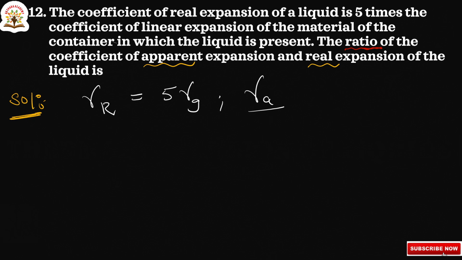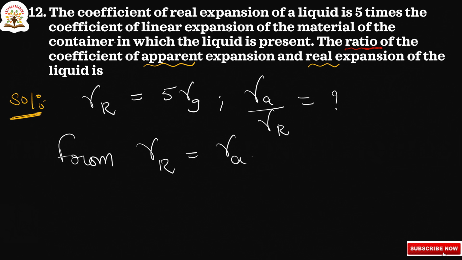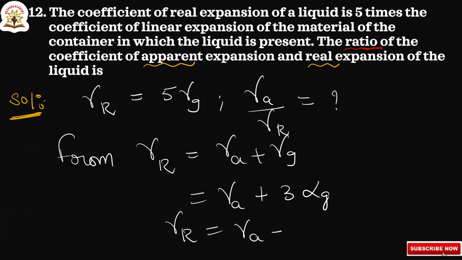Gamma A by gamma R is equal to question mark. So, from gamma R is equal to gamma A plus gamma G. So gamma A plus gamma G, where gamma G is 3 alpha G. So this can be written as gamma A plus 3 of gamma R by 5.